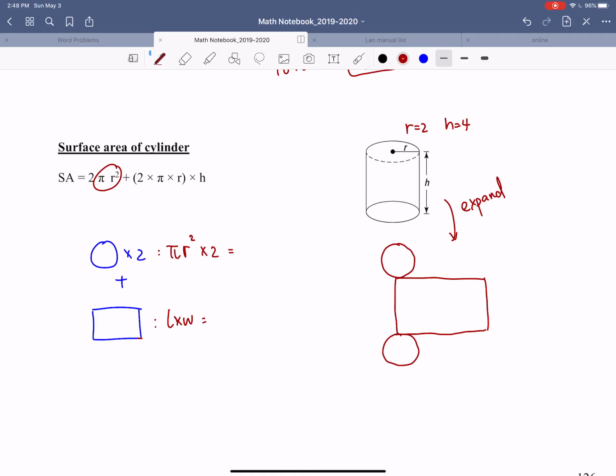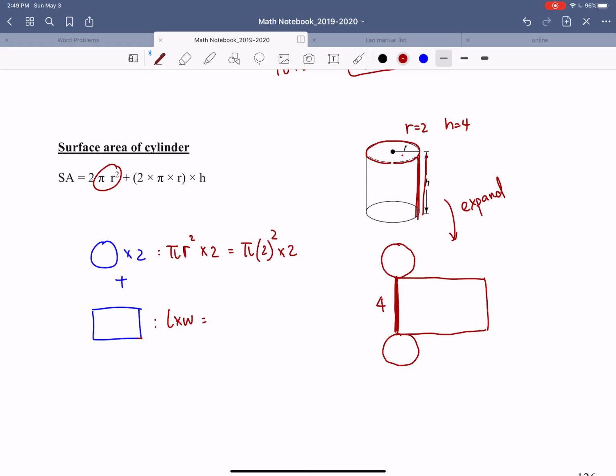Pi r squared, do we know r? Yes, r is equal to 2, so plug in r. For the rectangle, width times length: the height h is 4, so this side length of the rectangle is 4. And this other length is the same as, sorry, the circumference of the circle, because the rectangle wraps around the circle.